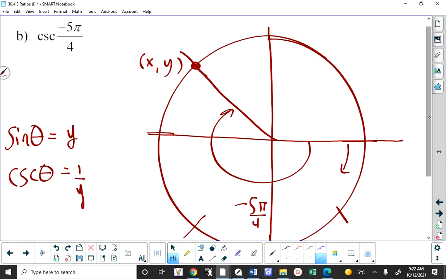At that point, the numbers are negative root 2 over 2, root 2 over 2. So what is the cosecant? It's the reciprocal of the y coordinate, which is 2 over root 2. And that's the answer.